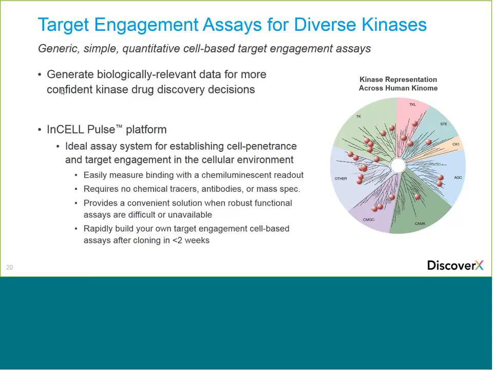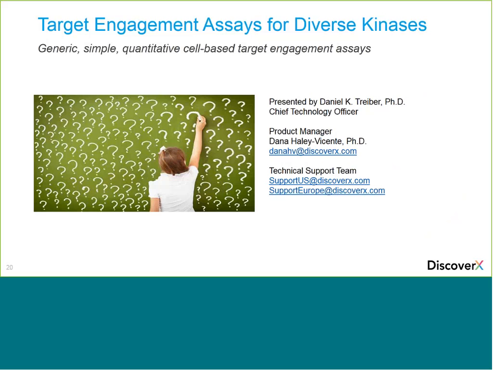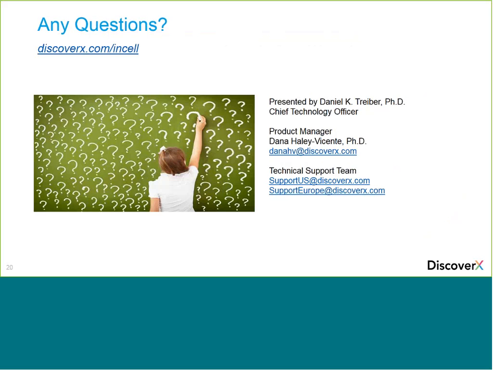And it's a simple method, and again, what I really like about it is how generic it is. There's no requirement for target-specific chemical tracers, antibodies. There's no mass spec, and so I think it's really a convenient solution when a robust functional assay is not available. And with that, I will stop, and I'll be happy to address any questions.